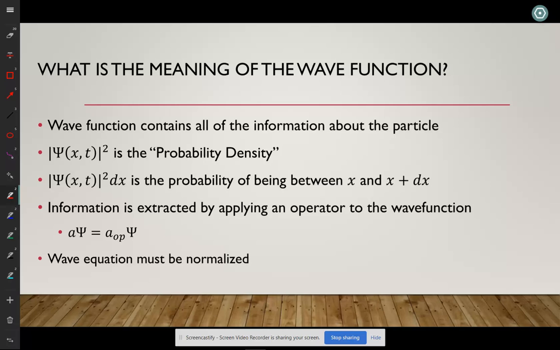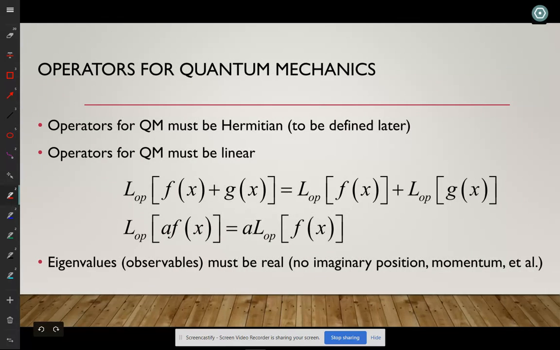It's an observable, something that you can actually measure, which is why it has to be real. We don't measure imaginary values. And you have to get back that same wave function. That's how we extract information from it. There are some other things that I didn't really say. It has to be square integrable. I don't even remember exactly the definition of that, which is why I didn't say anything.